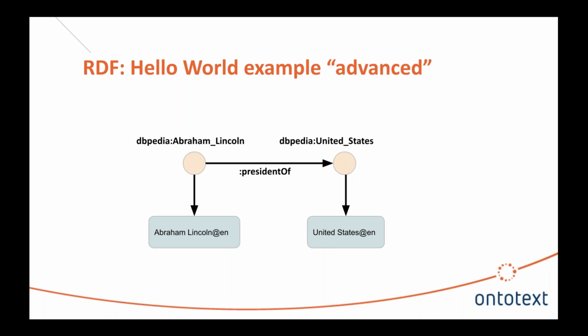We might not have an IRI; we might also have literals. Abraham Lincoln is a language-typed literal, and then United States is another language-typed literal. Typically you say, okay, that's everything you need to know for RDF. You are now experts in modeling, and you can start from there doing complex ontology models.